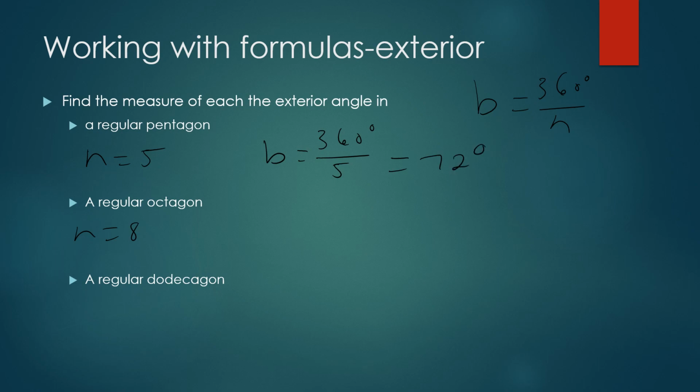If we increase the number of sides of the polygon, we would get B equals 360 divided by 8. Would we expect this number to be smaller or larger than this one? Hopefully, you said smaller.